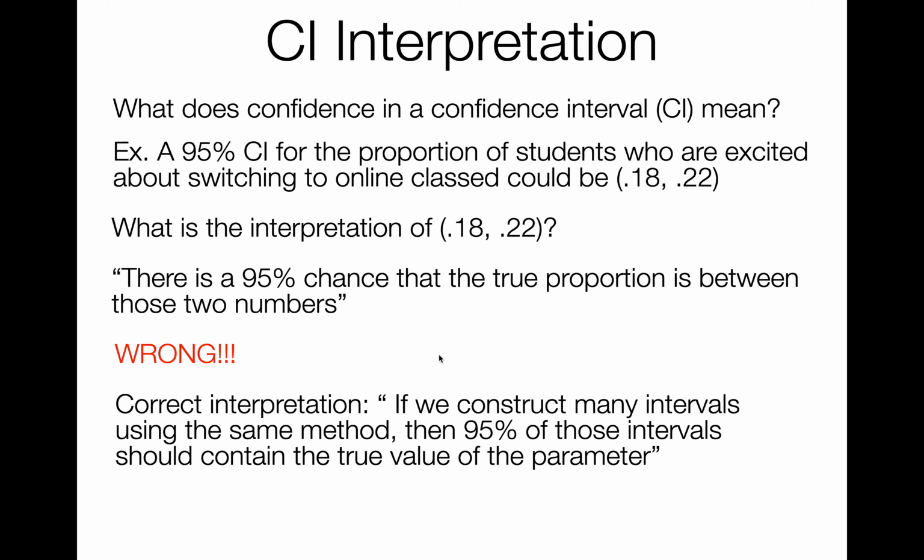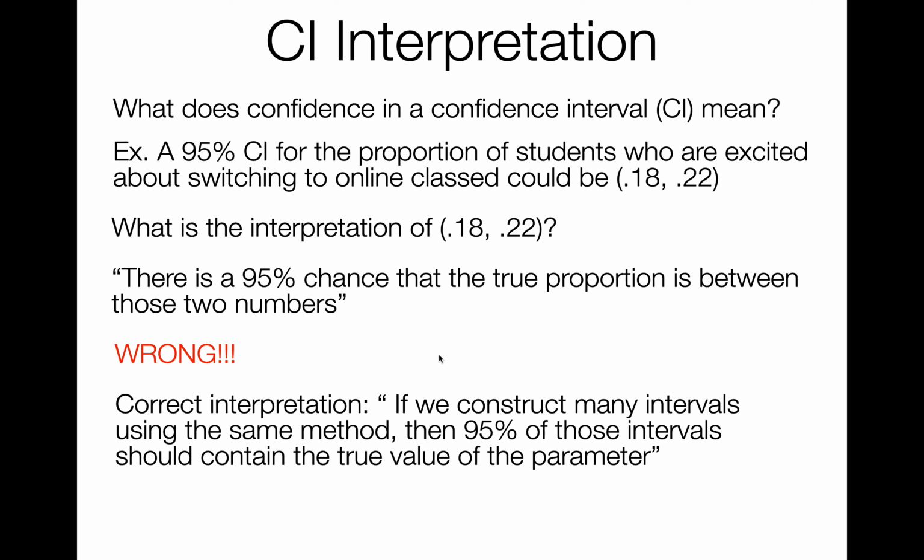The correct interpretation of a confidence interval is: if I take many samples and then construct an interval for each sample using the same method. The method I mean here is the equation that I talked about before: p hat plus or minus z sub alpha over 2 times the square root of p hat times 1 minus p hat divided by n.